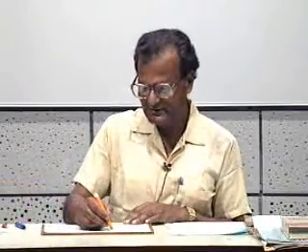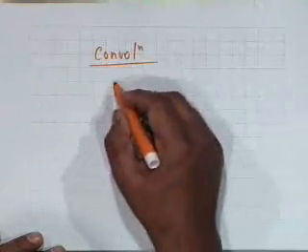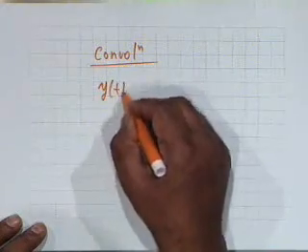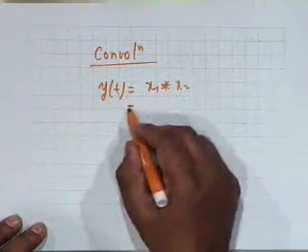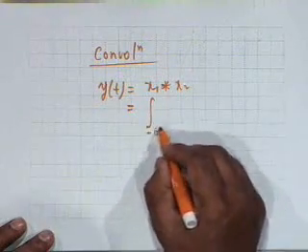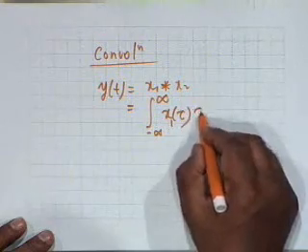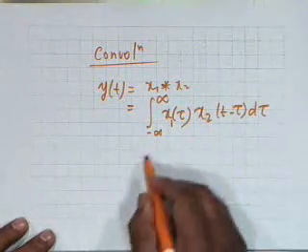Next we consider convolution. That is, if I have a y(t) which is the convolution of x1 and x2, that is, the integral from minus infinity to plus infinity of x1(tau) x2(t minus tau) d tau. This is the convolution.